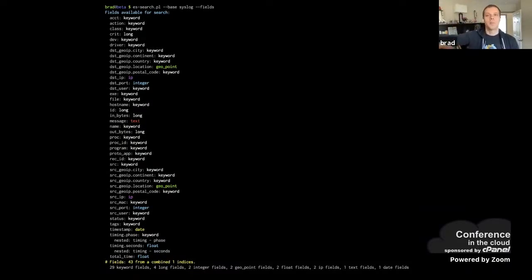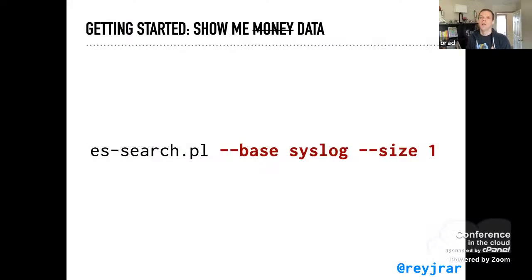Along with those field names, we're also dumping out the data type so that we have some bearing as to what is in this index. And then the very last two lines give you a breakdown of what actually happened. We found 43 fields in one index, and we can see that there are 29 keyword fields, et cetera. So we get a summary of what's in this index.